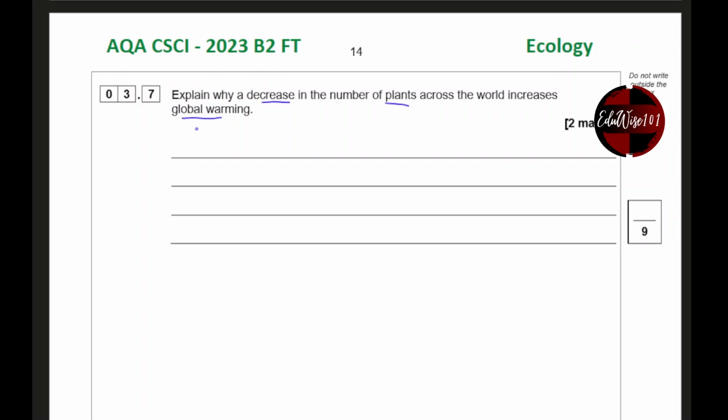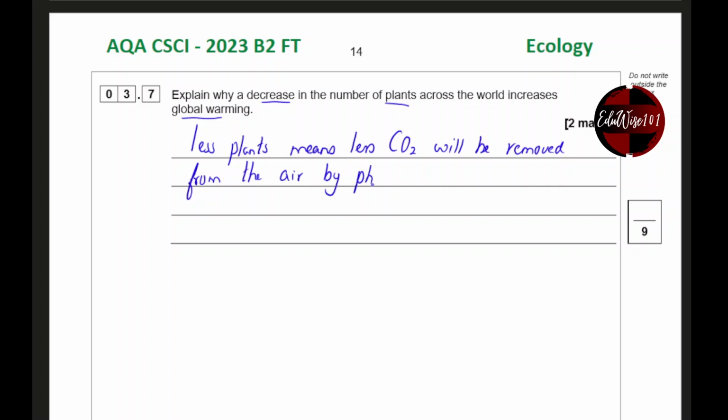So, less plants means less carbon dioxide. CO2 will be removed or absorbed from the atmosphere or air by photosynthesis.